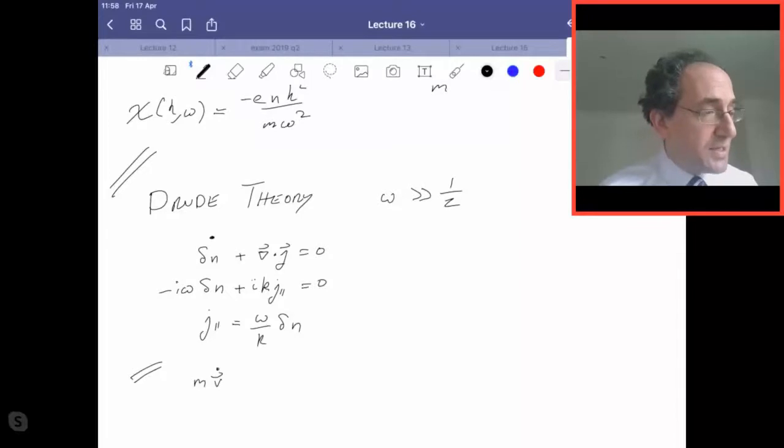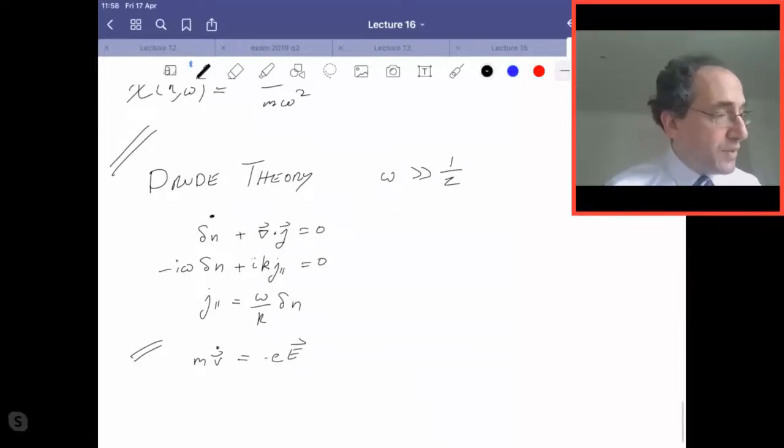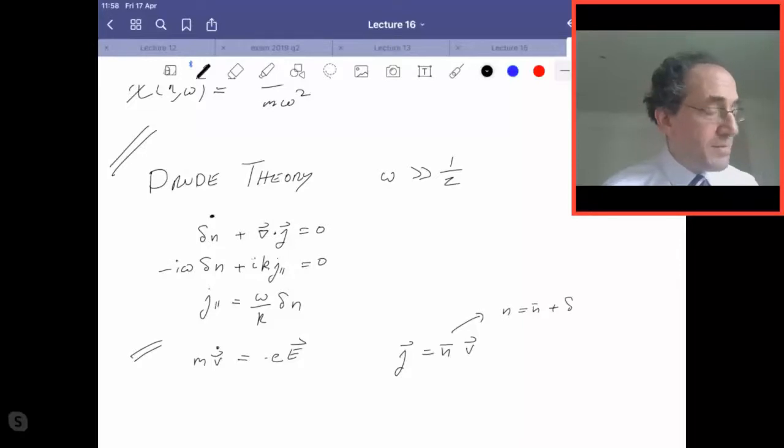And then we're going to use the Drude equations of motion as well, which is Newton's equation, m v dot is minus E times the electric field. We'll also use that j is the average density times the velocity. You might say, well, shouldn't we write this as n is n bar plus delta n, because n can change as a function of position?